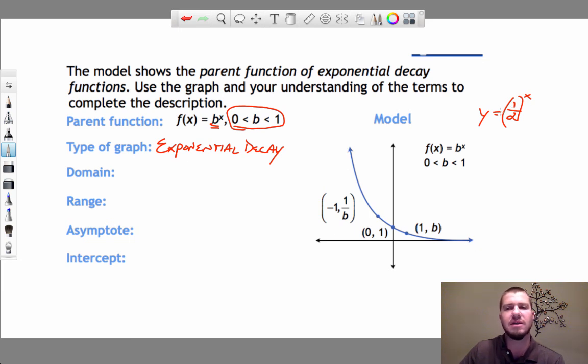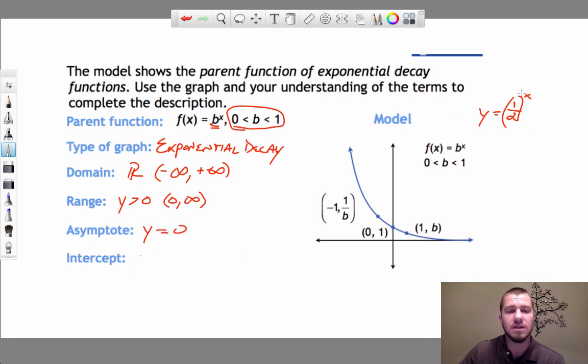The domain is still the same, all real numbers from negative infinity to positive infinity. Your range is still from 0 to infinity, your y is greater than 0. Your asymptote is still at y equals 0.